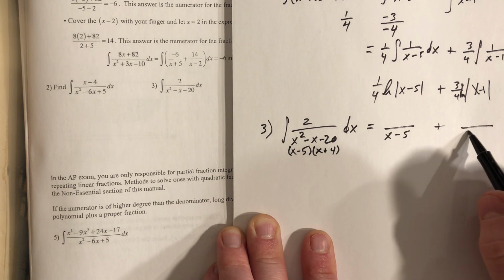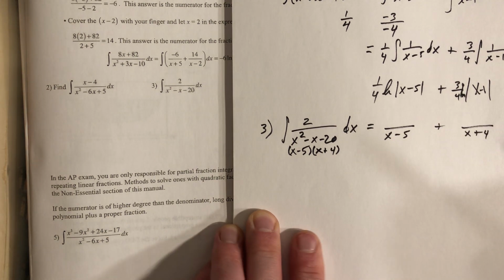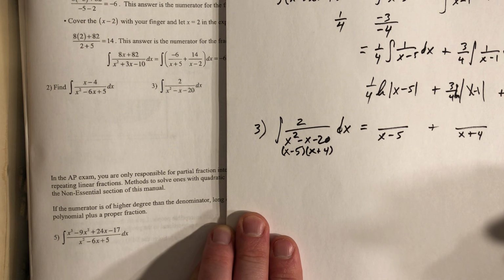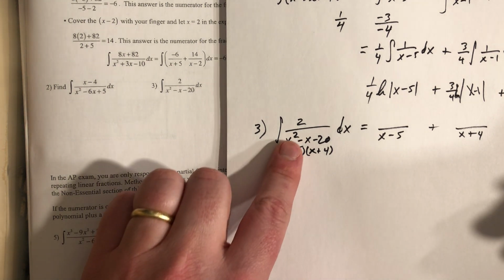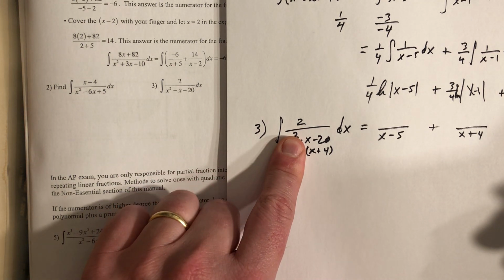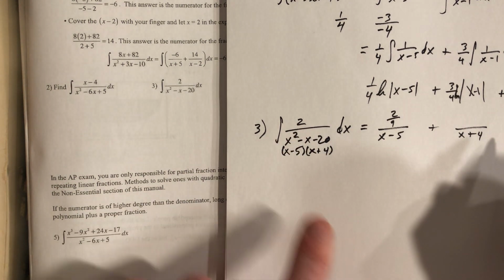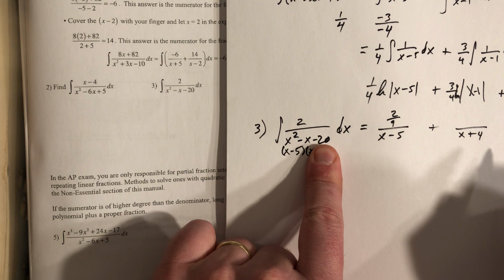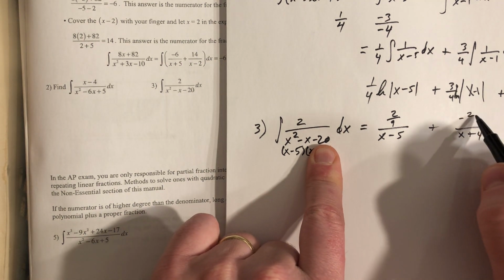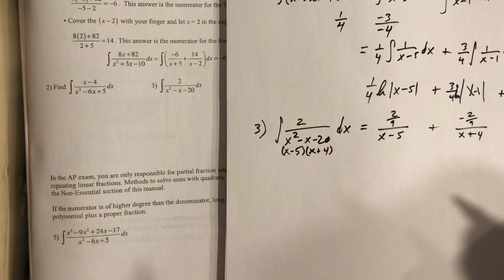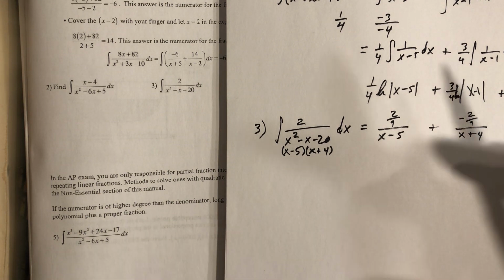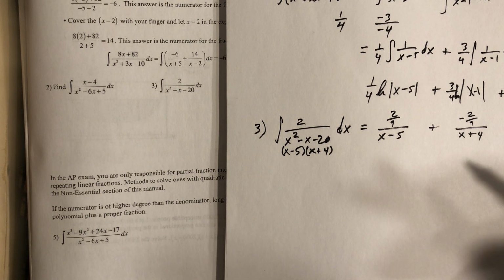So I'm going to try to do this as I would actually do on my own paper. So when I plug in 5, I get 2 over 9. And then when I plug in negative 4, I get 2 over negative 9. And my work right now is not super proper, but I can jump to the final answer now.